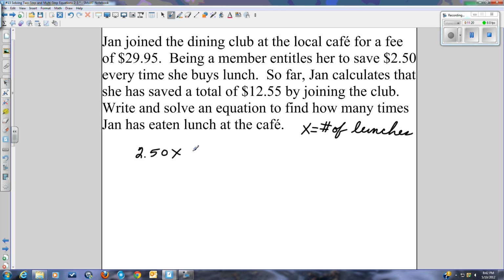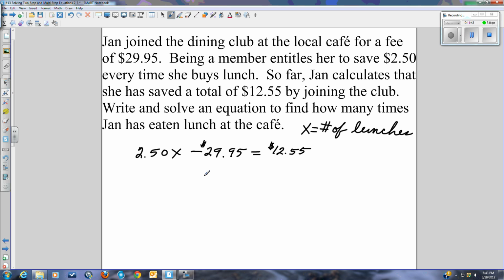But remember, she had to pay $29.95 up front. So we need to take that away from the amount of money she's gotten back so far, because you have to consider that it cost her $29.95 to get into the club. And she still has a savings of $12.55. So all of that would be equal to $12.55.